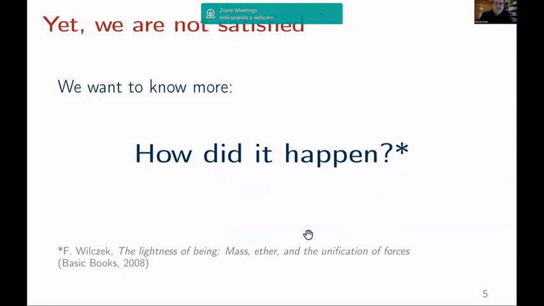Essentially, we want to know, as Wilczek said, how did it happen? So what is the meaning of this question? The meaning is that we want to make models and mess around with the parameters of our models such that we can understand what is happening with these quarks and gluons, such that they reproduce the masses of the hadrons, and also the Goldstone boson nature, or pseudo-Goldstone boson nature, of the pion and kaon.